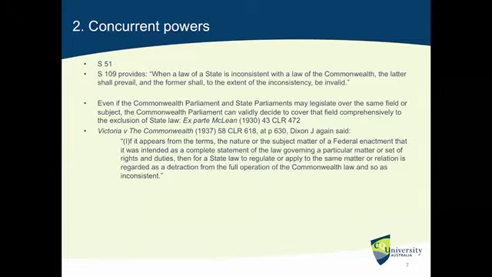Its legislative powers are limited to those provided either expressly or impliedly by the Australian Commonwealth Constitution. So there is no other legislative power that the Australian Commonwealth Parliament can exercise except those which have been provided or granted by the Constitution expressly or impliedly.